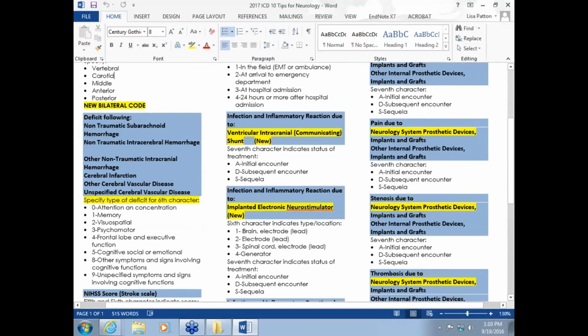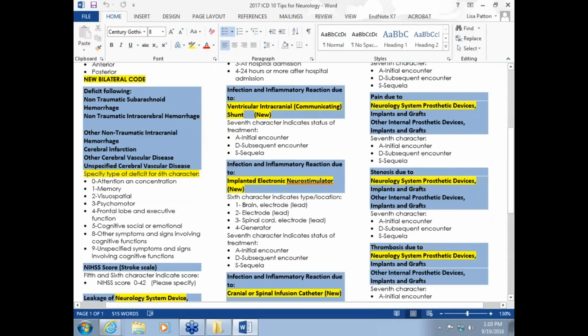These are the ones you can choose from: attention or concentration, memory, visuospatial, psychomotor, frontal lobe and executive function, cognitive social or emotional, other symptoms or signs involving cognitive functions, unspecified symptoms and signs involving cognitive functions.